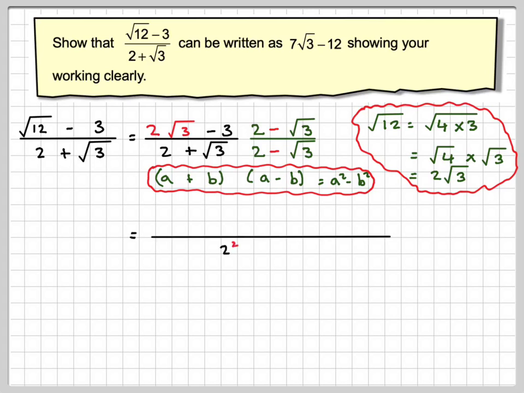So the denominator will become, a will be 2, so 2 squared minus root 3 squared. We'll come back to that in a minute. For the numerator, we're going to have to do 2 root 3 times 2 minus root 3, minus 3 times 2 minus root 3.